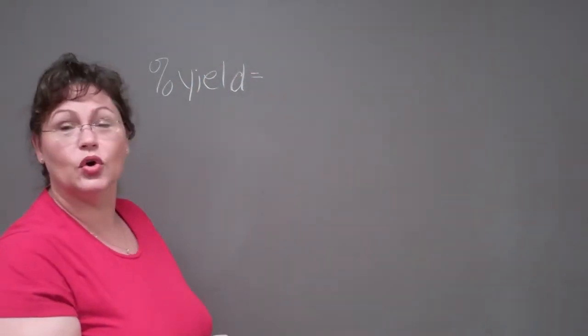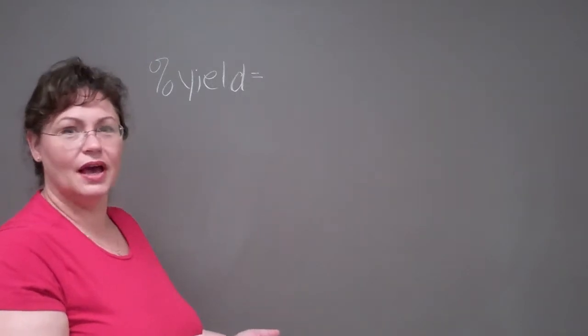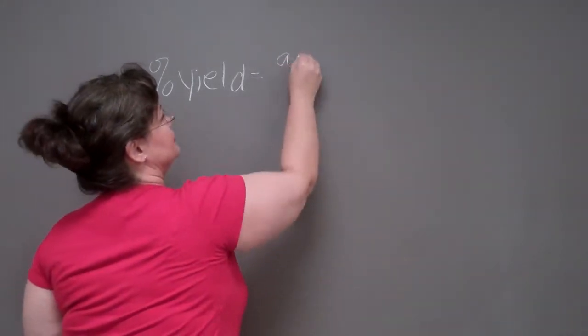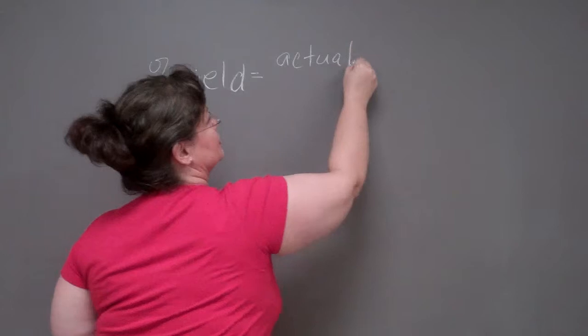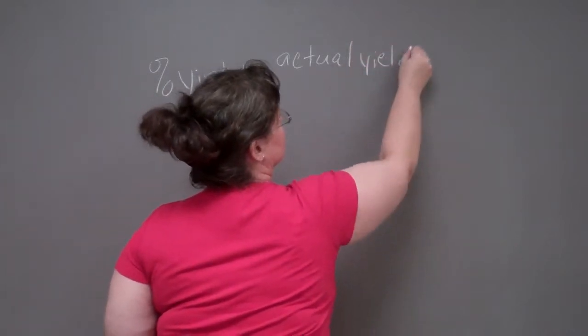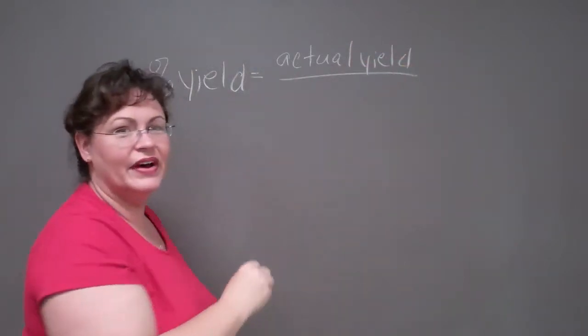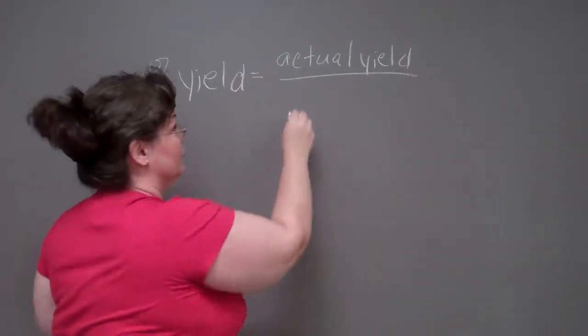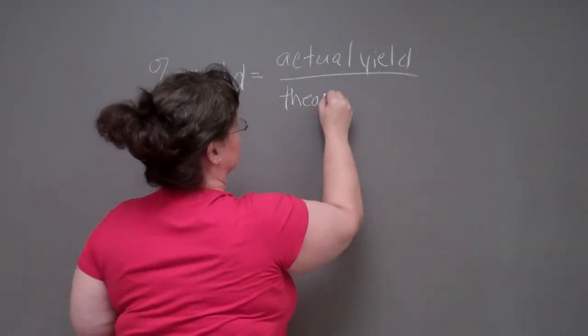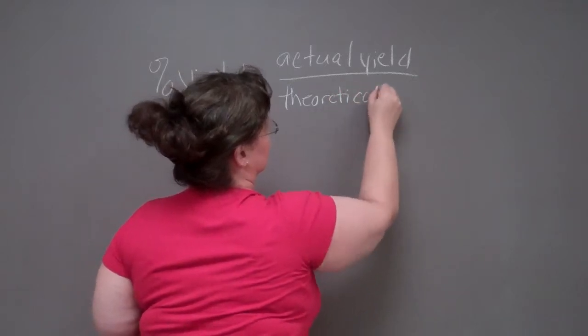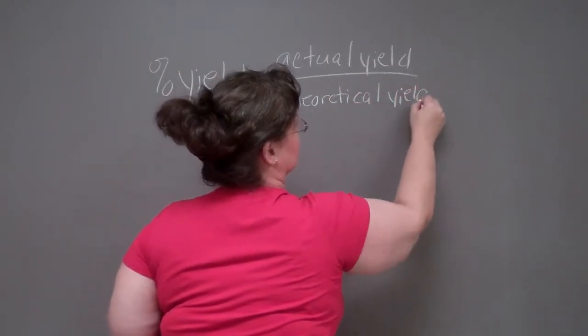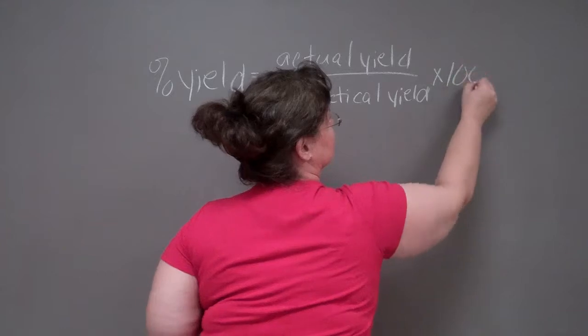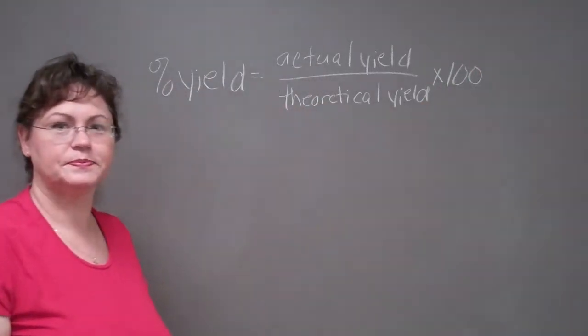A percent yield is going to be your actual yield, what you actually isolate in lab, divided by the theoretical yield for the reaction, times 100.